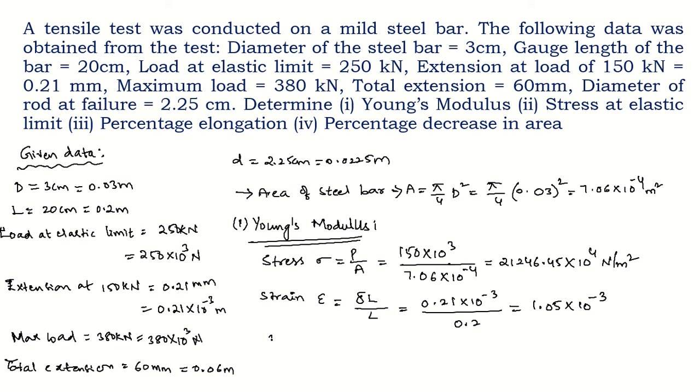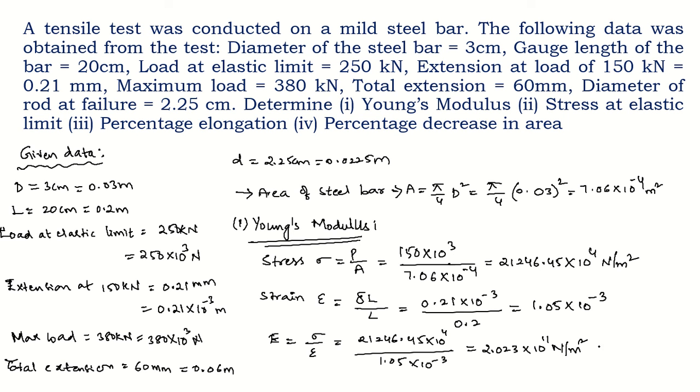Now let's calculate Young's modulus capital E as stress by strain. So it is 21246.45 into 10 power 4 by 1.05 into 10 power minus 3. Let's see how much we get for Young's modulus. We get Young's modulus around 2.023 into 10 power 11 Newton per meter square.